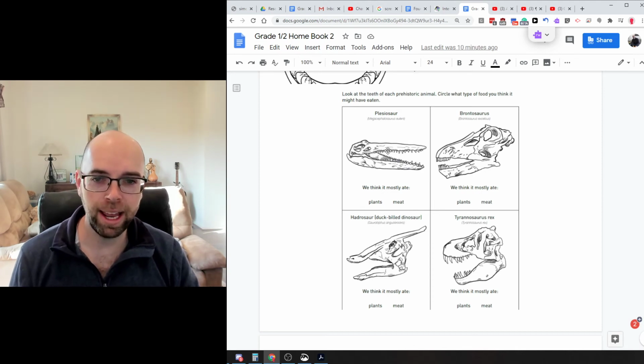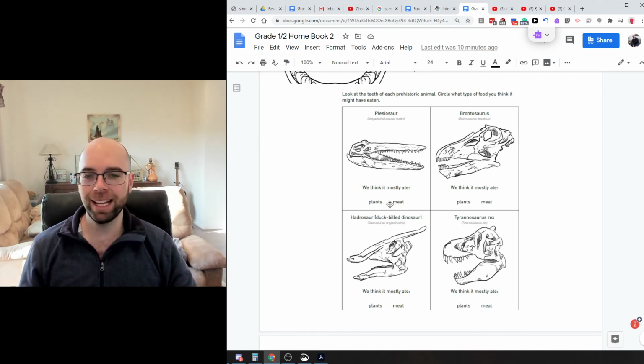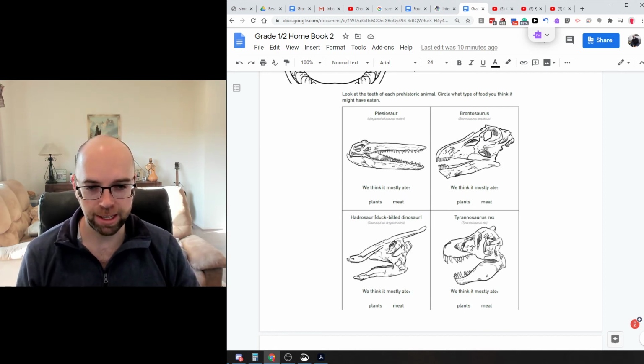Well, let's have a look. This one has no chewing teeth, no molars. He has no biting teeth, no incisors, but he has lots of canine teeth, lots of tearing meat off a bone. So, which one do you think, plants or meat? You circle the one you think is right. And do the same for the brontosaurus, the hadrosaur, and the Tyrannosaurus rex.